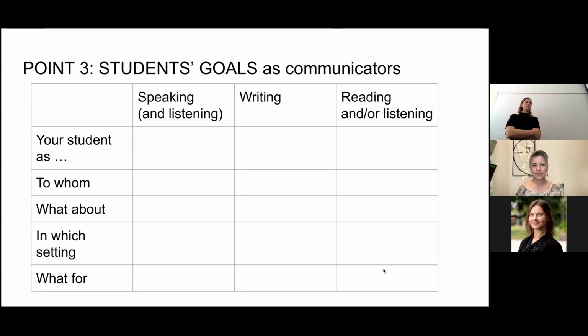So here is the table that you can fill in with your students. So yeah, it's pretty straightforward, I guess. So just take a look at it and ask me questions if something doesn't make sense to you. So the language skills.